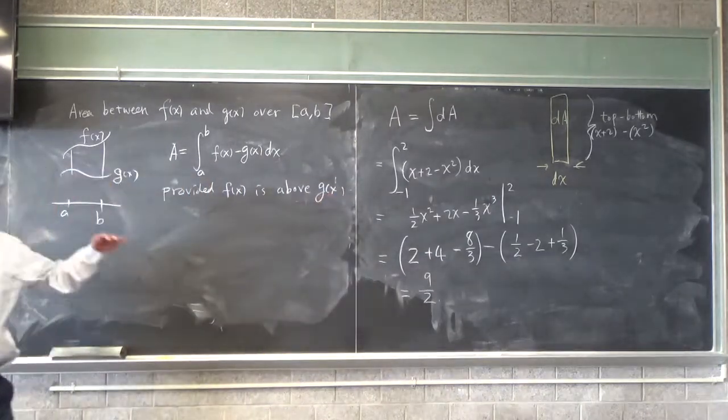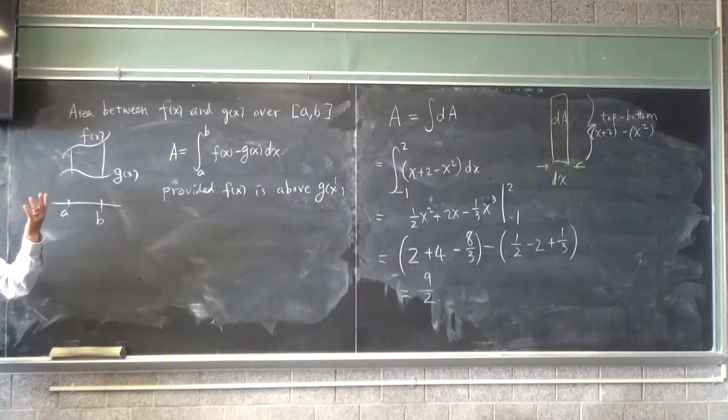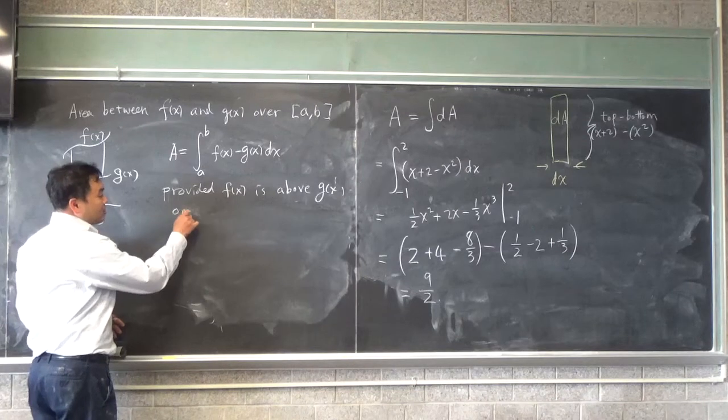So f(x) is above g(x), just like the picture, right? You don't want to do g(x) minus f(x), then it'll be negative, right? On this interval.